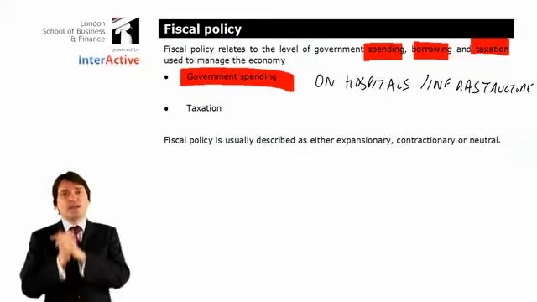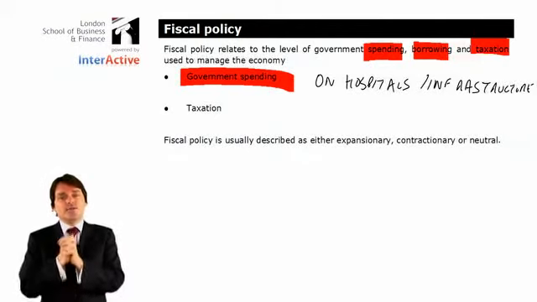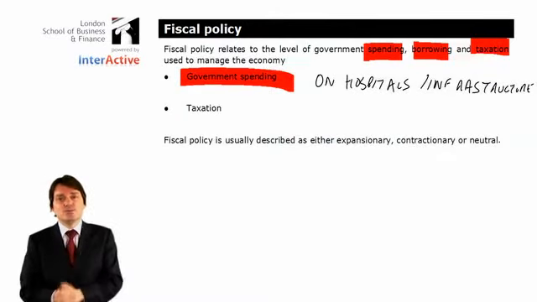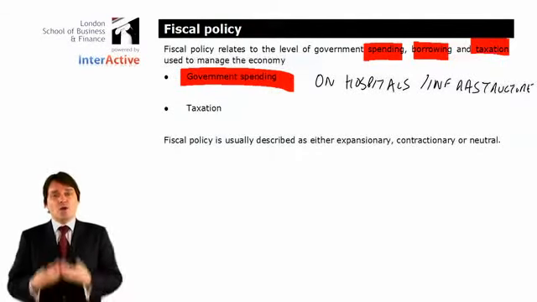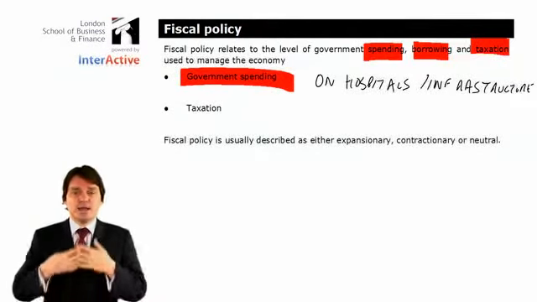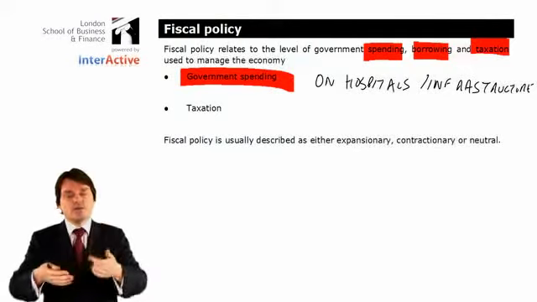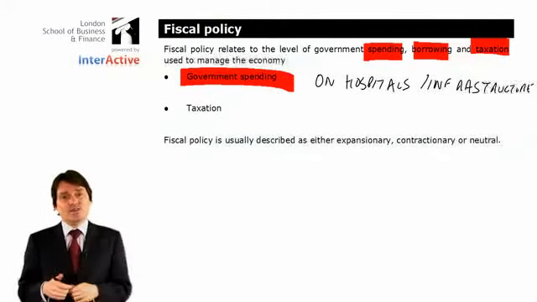If you build something, it means you need labour. If you build something, it means you need materials. You start giving people money for doing something. Once they've got that money, they then spend it on something else. And that gives other people jobs. It's in a way kick-starting the economy.